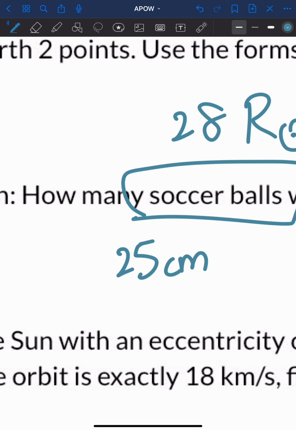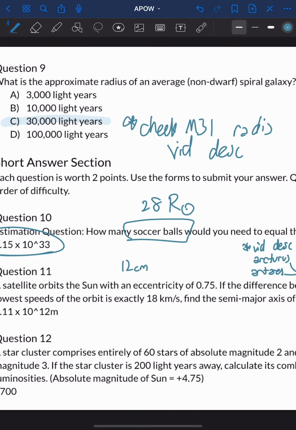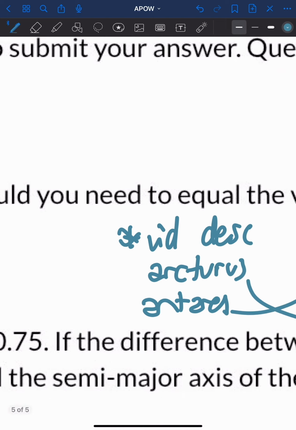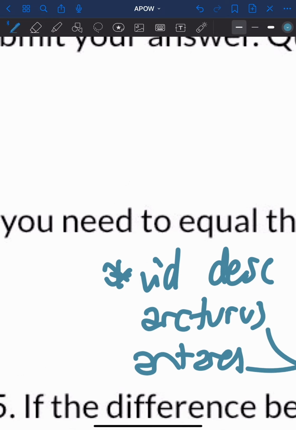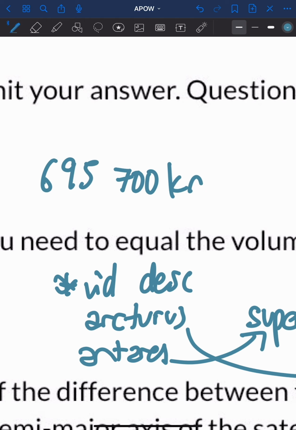Diameter of like 22, 23, 24, let's count 22, so it's like a radius of 12 cm. The radius of the sun, I vaguely recall it's like 6 something, is it? 696? Oh, that's like, okay, 695, 700 kilometers. Is this correct?